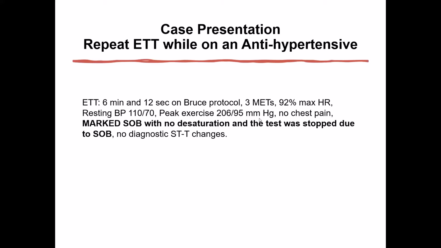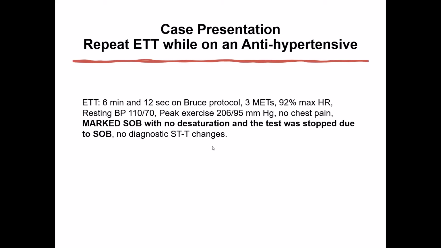So she still had the same hypertensive kind of response, and still had no chest pain, but she had marked shortness of breath with no desaturation. The test actually had to be stopped because of the shortness of breath. The way she became short of breath was, 2.5 to 3 minutes into the test, she becomes short of breath, and that continues, and it peaks, and then we stop it.